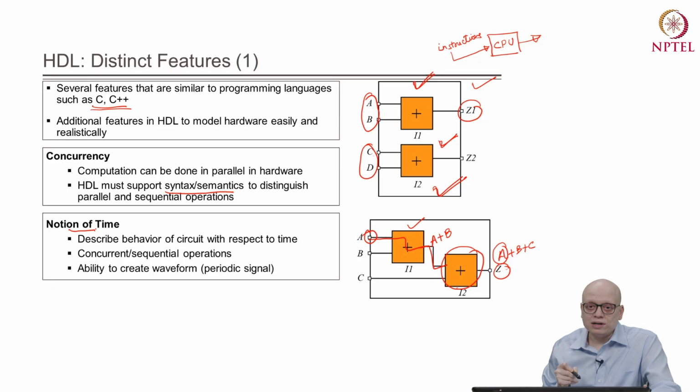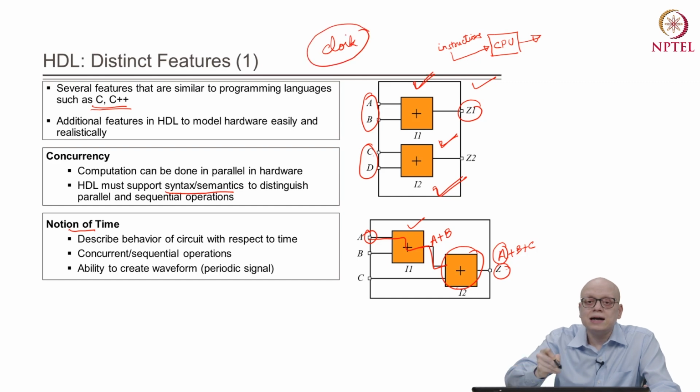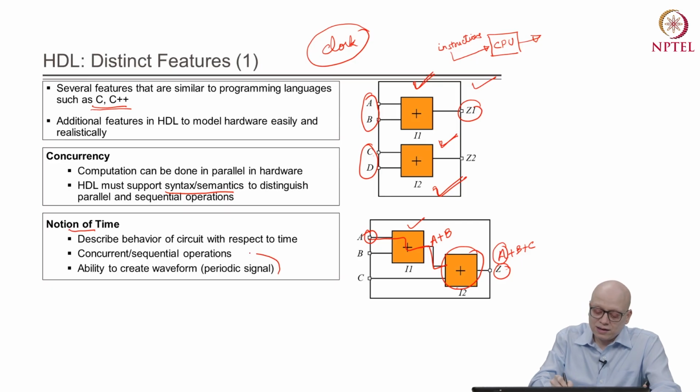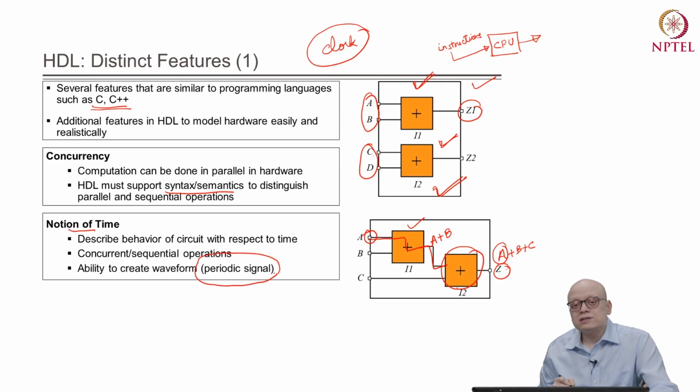And for modeling hardware, we also need to create waveforms, especially for synchronous circuits. In a synchronous circuit, there is a clock, and we want to model our circuit such that some operations happen at each edge of a clock. So, we need something which allows us to model this clock in an easy manner, and captures the operations which are controlled by the clock in a realistic manner. These kinds of features should be there in a hardware description language.